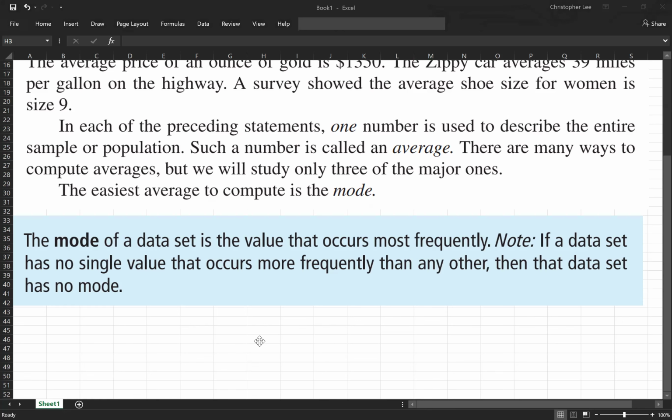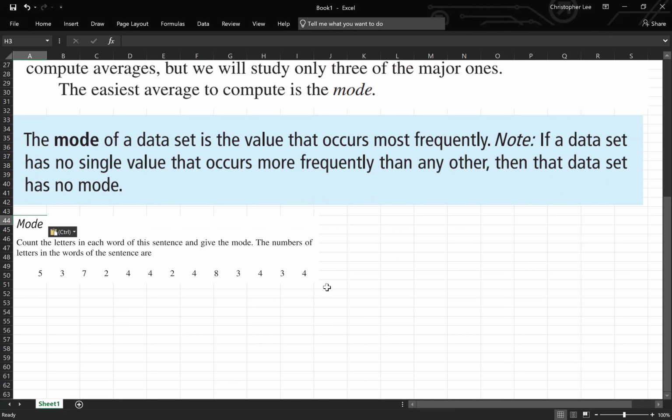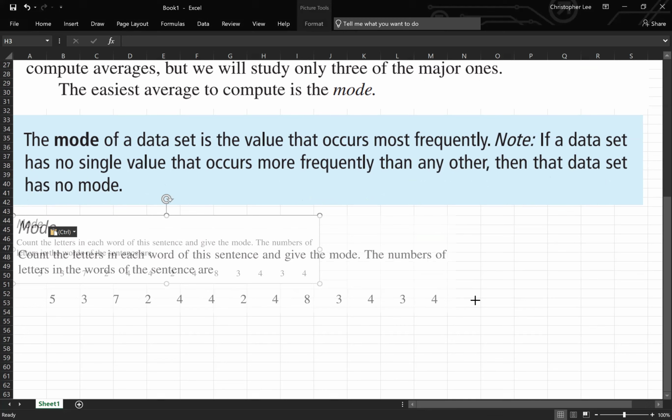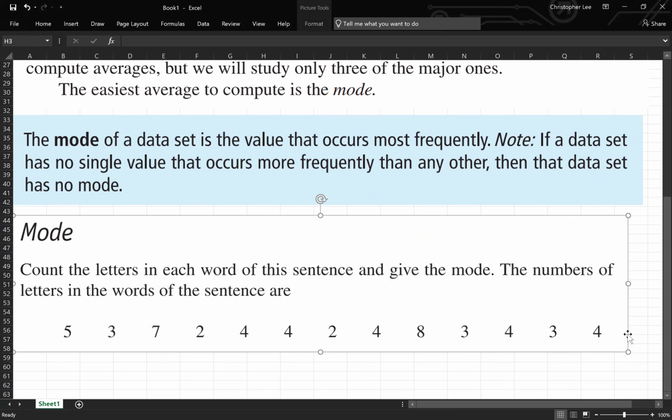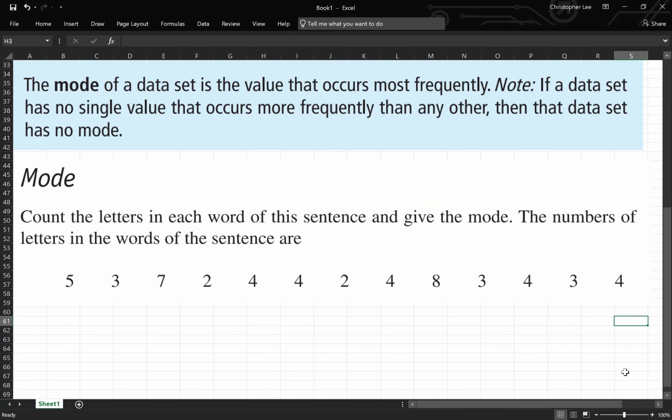Any questions on that? Good. All right, help me out real quick. What's the mode? Three is a mode? Four. Four is a mode, right? It's the one that repeats the most. All right, cool.